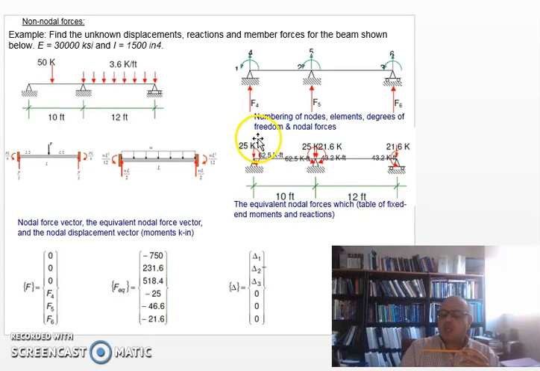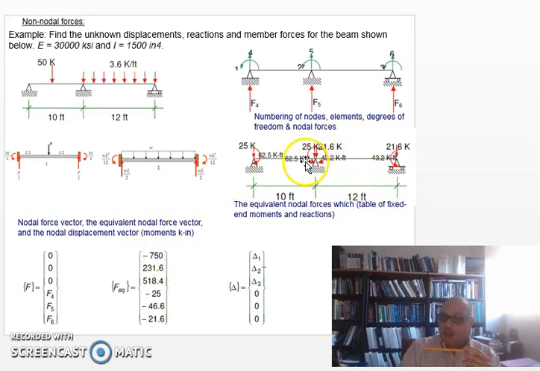Let's go to the theta and the moment. The application of the load here will have a moment which is PL over 8. So the PL over 8 will give you 62.5 kip-feet, which is the same as 750 kip-inches. And that is clockwise, but we assume that counterclockwise is positive, so it will be negative 750.